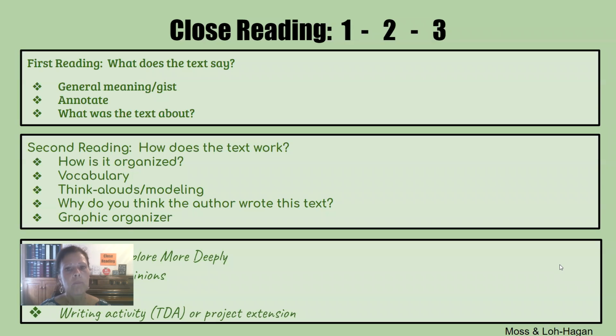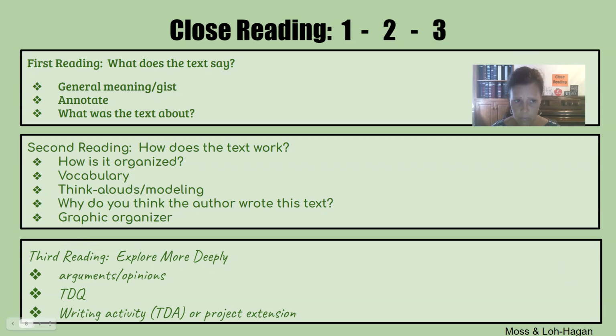So most close reading lessons that I came across in my research involve 3 readings. The first reading is focusing on what does the text say. The second reading, how does the text work? And the third reading is exploring the text more deeply. So during that first read, kiddos are listening, doing some annotating, and at the end of that first read, your question is, what was the text about?